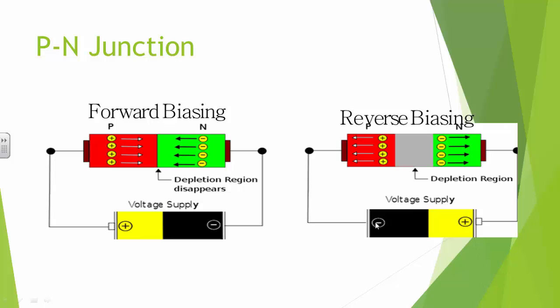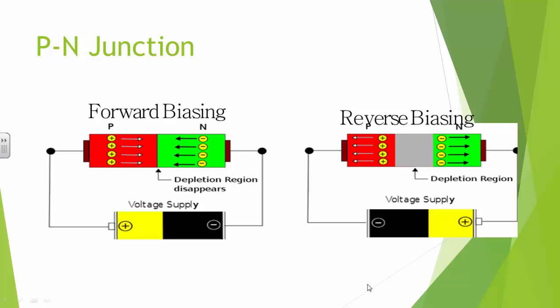Similarly, the negative terminal of the battery pushes electrons towards the holes in the P-type semiconductor, but there's no way for those electrons to move through it. And so what happens is we get this depletion region here, and electricity ceases to flow. Our conga line can't keep going.